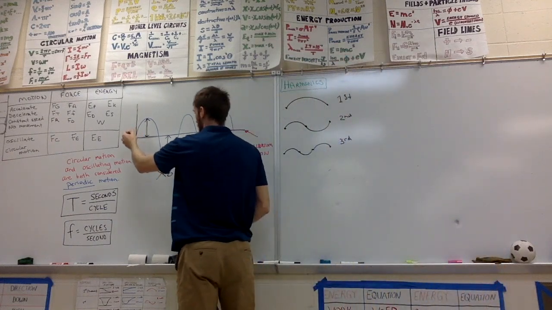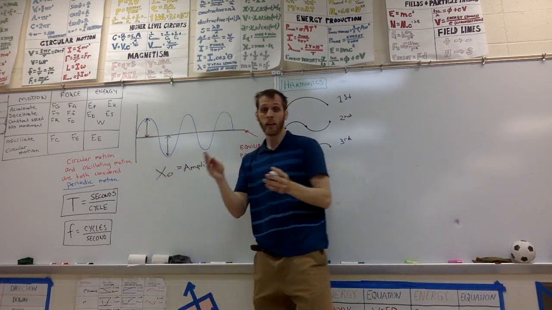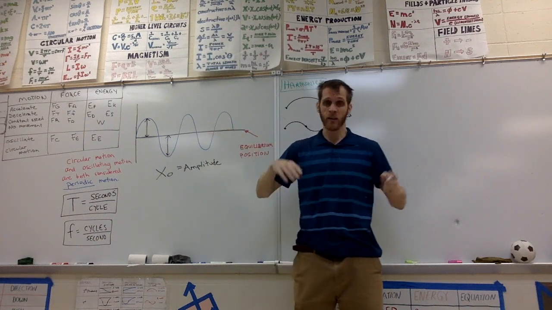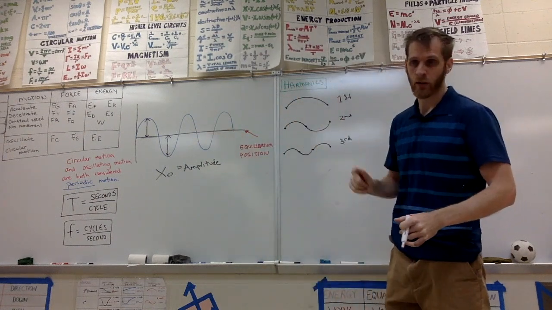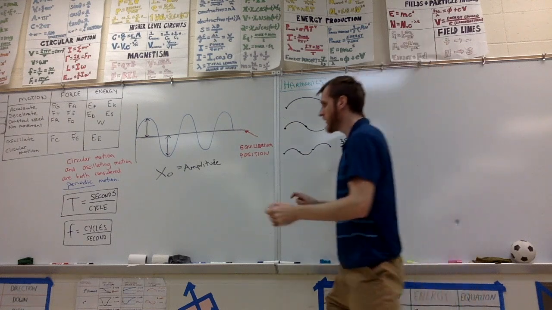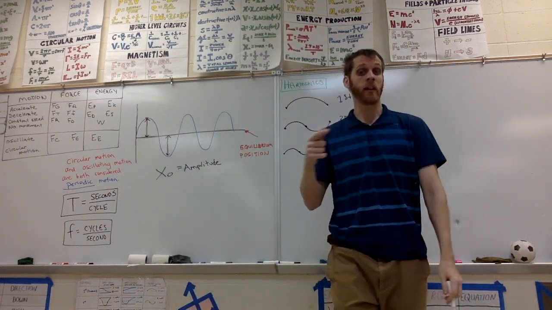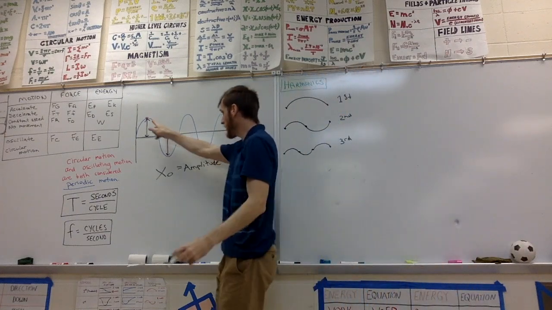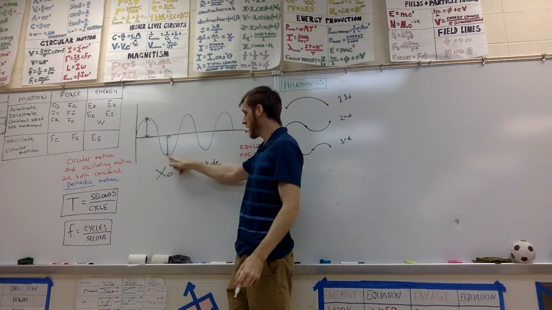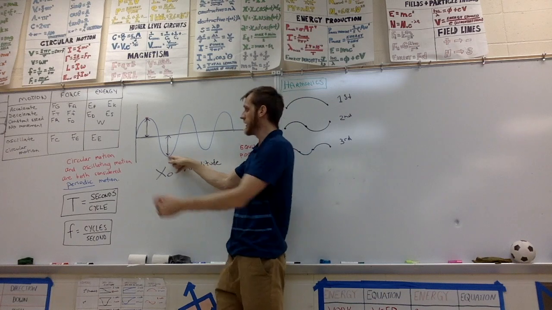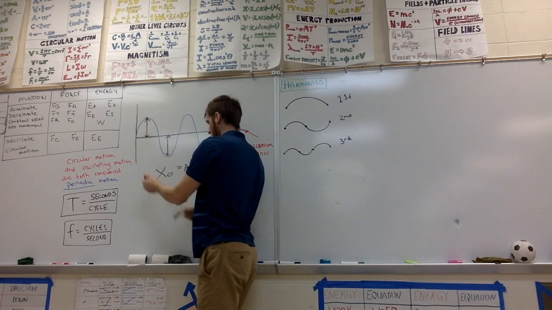So it's a distance from one point to the next. Now I don't need to start at equilibrium. I could start somewhere else. And actually I'm going to label somewhere else on this graph because it's easier to see. What if I started here at this point on the top? Where would my wavelength end? Well, if I started here, and if I went down to here, I can't repeat that. Like, if I repeated that, it would be like a mess.